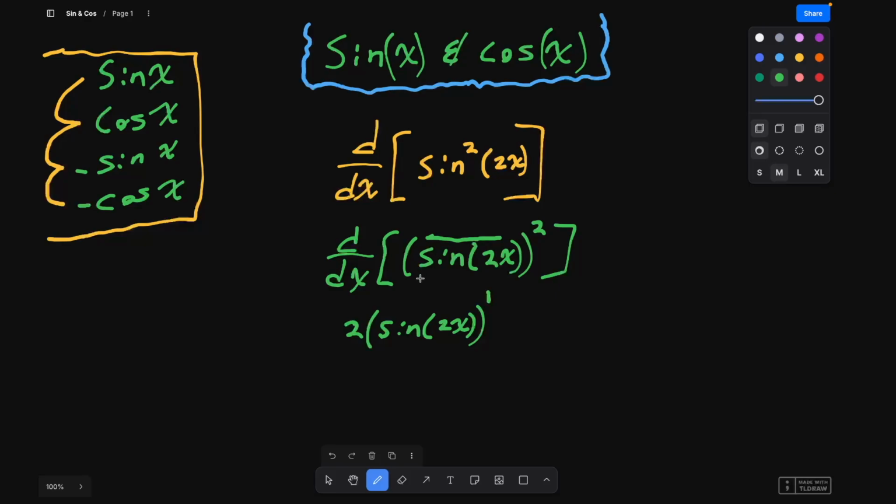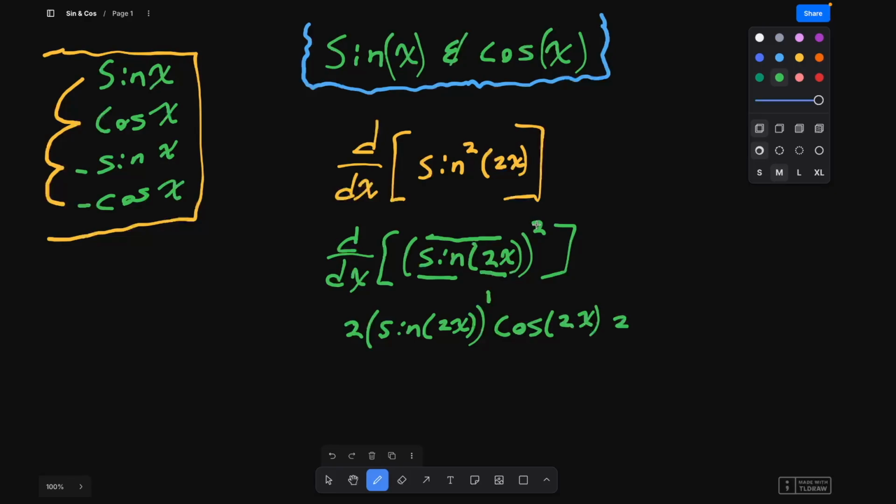Now we can take the derivative of sine, which we know is cosine, and then we have our inside, 2x. So now we have one more part of the chain rule, which is the derivative of 2x, which is just 2. So we had to do the chain rule 3 times here.